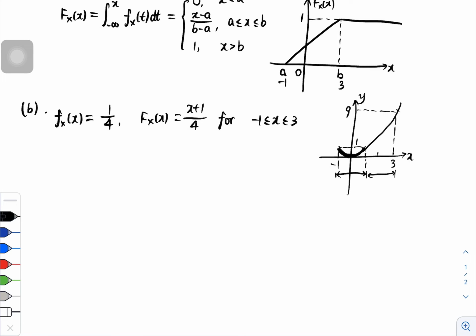First, the y has a range from 0 to 9. So, for y less than or equal to 0, the density function and distribution function are both 0.